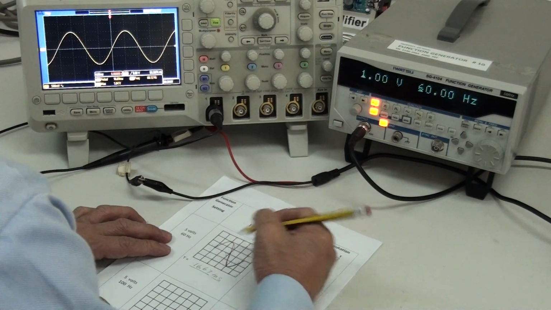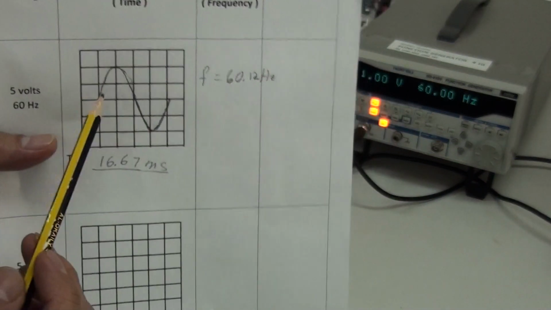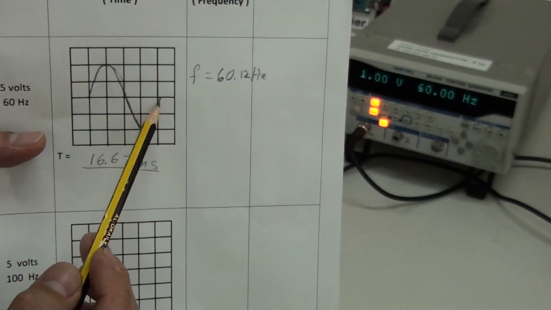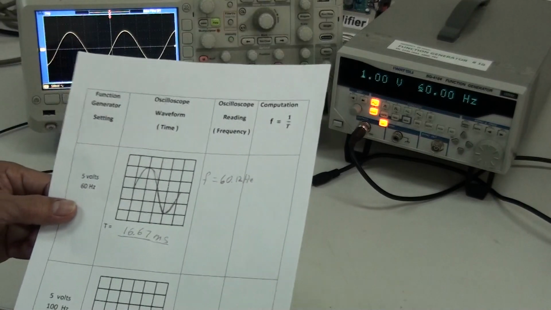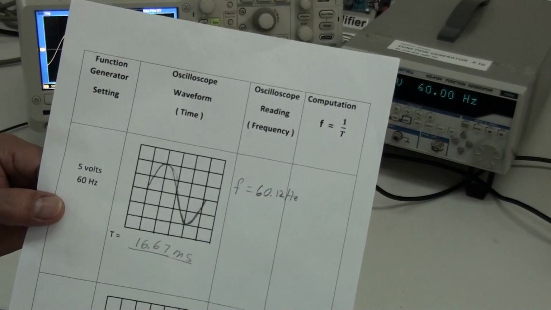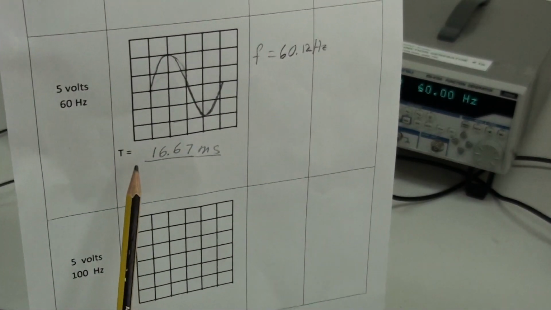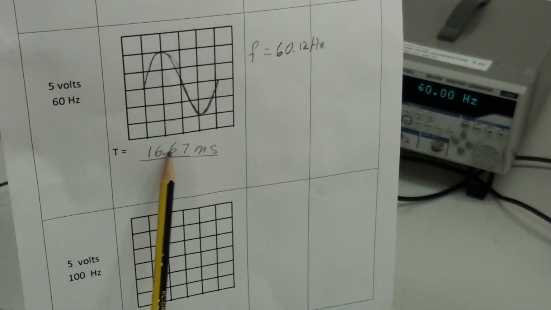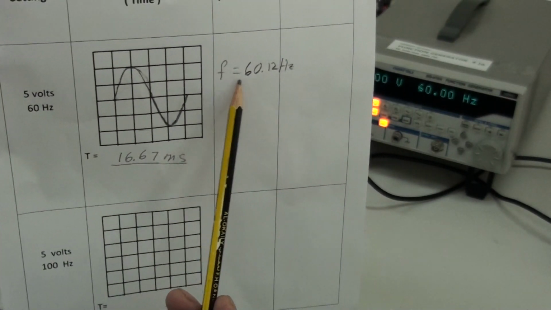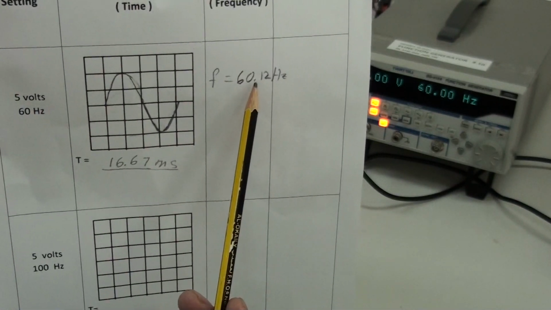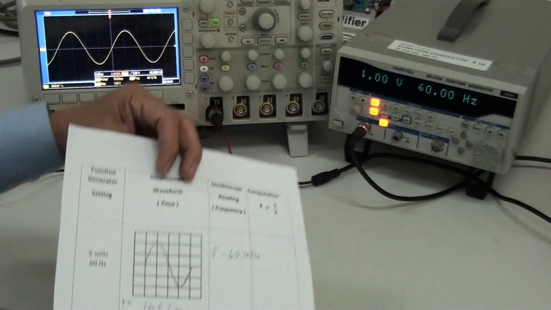Okay, this is the waveform. So you have 4 boxes in 1 cycle. Now, as you can see here, we're able to get the time for one period, which is 16.67 millisecond, and the frequency from the reading of the oscilloscope is 60.12 hertz.